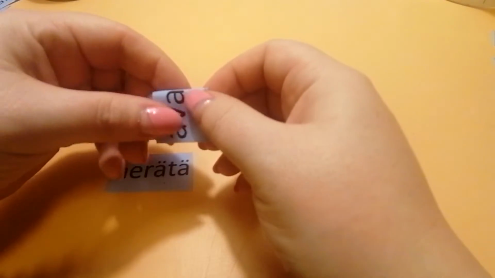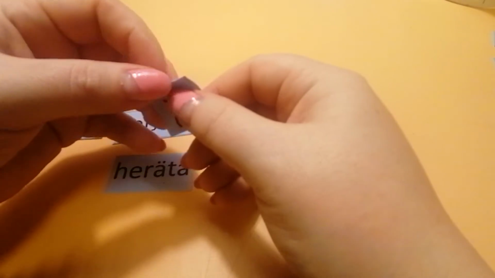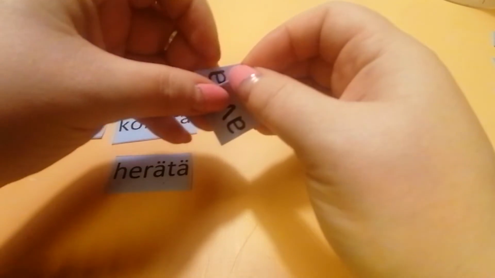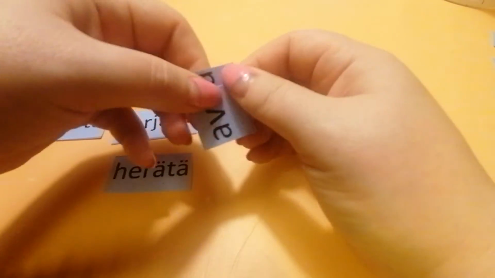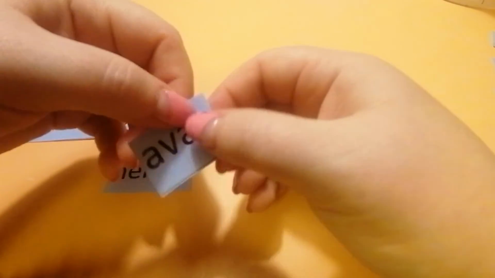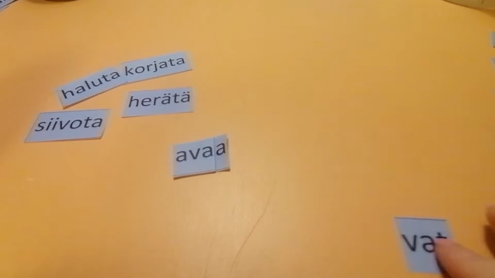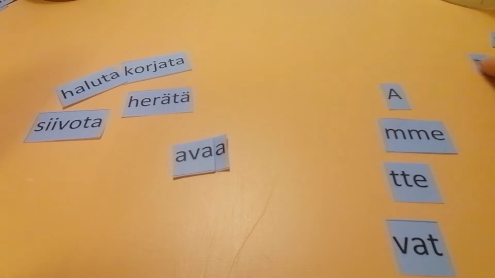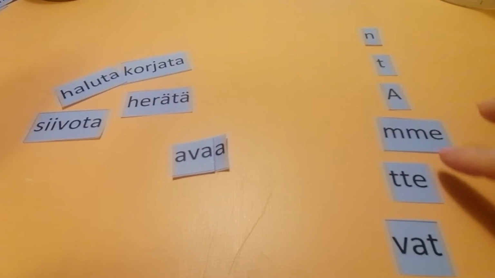So I'm gonna do some foldings here, like this, because we are gonna need the basic form. Still needing the basic form. Like this. And this is gonna be our body of the word. And then we have the endings here, like this, minä, sinä, hän, me, te, and he.